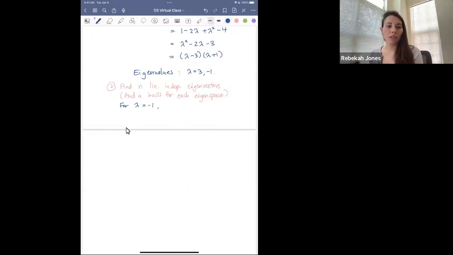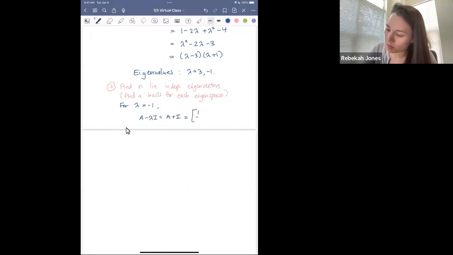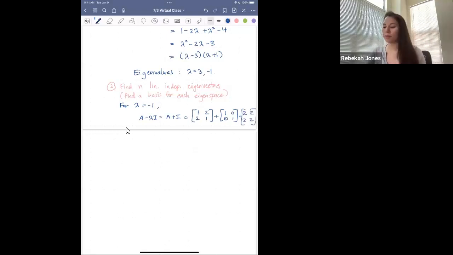For lambda equals -1, A minus lambda I is going to be A plus I. Remember our matrix A was this guy, plus I is going to give us this matrix of all 2s. The eigenspace for this particular eigenvalue is the space of homogeneous solutions of this equation.